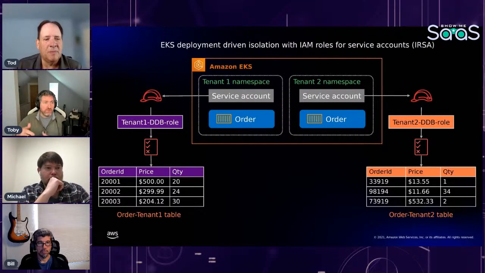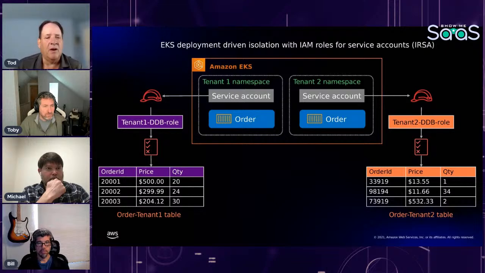EKS goes one level further, and ECS does the same thing. EKS goes one level further and says, it's not just the host that these containers are running on, but the service account running these containers can also have an identity that trumps that of the host. So it's almost like layers of that onion, right? Several different ways to get at the same type of information.